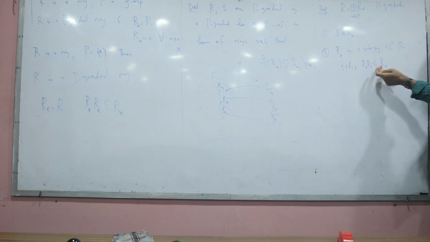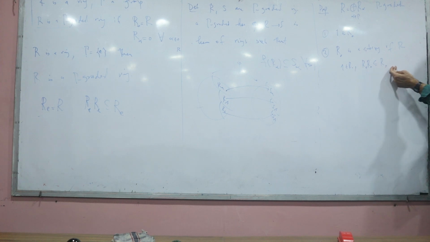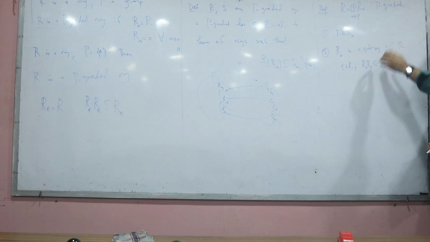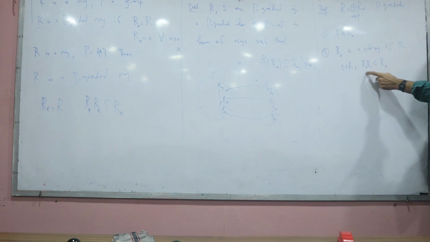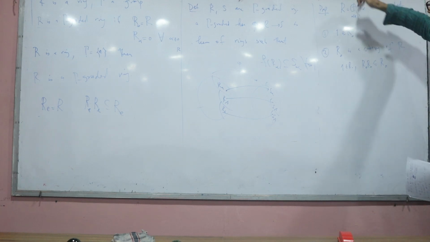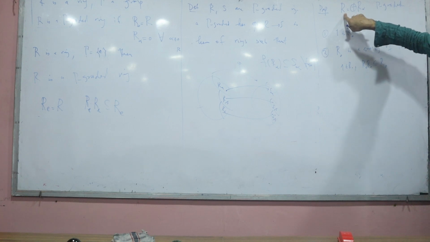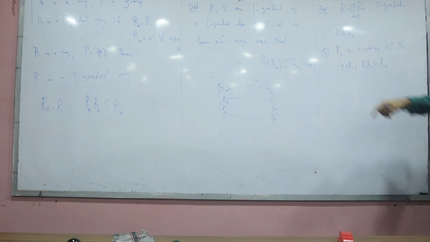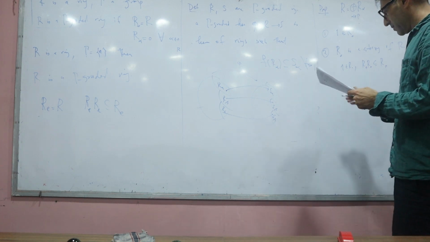Because R_0 R_0 is in R_(0+0), it's in here. And of course, this is a subgroup already, and the distributivity, everything comes down from R, so that makes R_0 a subring. So now, in this theory, in fact, you are dealing with two rings.